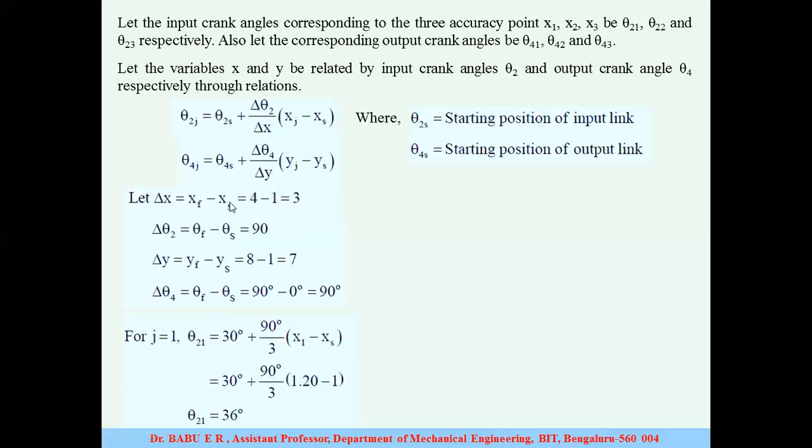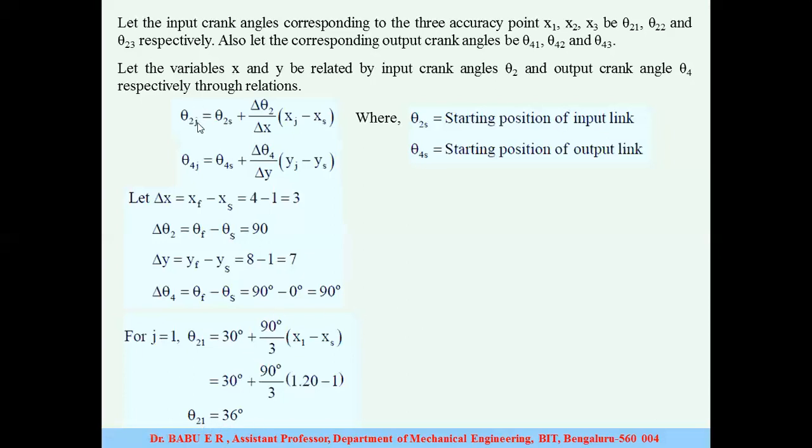Here xs is 1 and the value of x1, from the Chebyshev spacing equation, we got as 1.20. Substituting this, we get the first position angle. So the first position of the input crank angle, theta 21, equals 36 degrees.